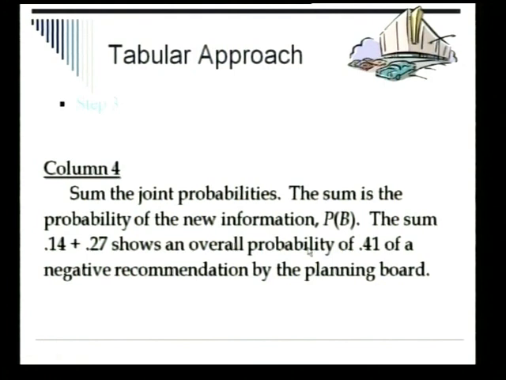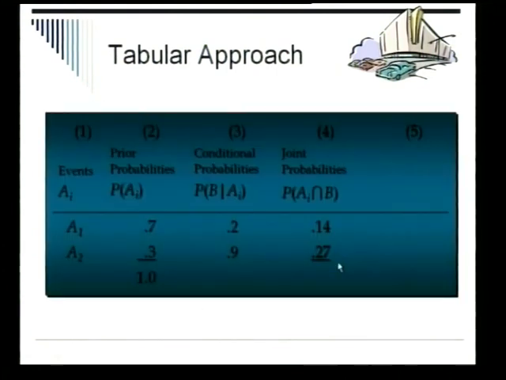This shows an overall probability of 0.41 of a negative recommendation by the planning board. This is the denominator of the Bayes theorem, which we can get directly.